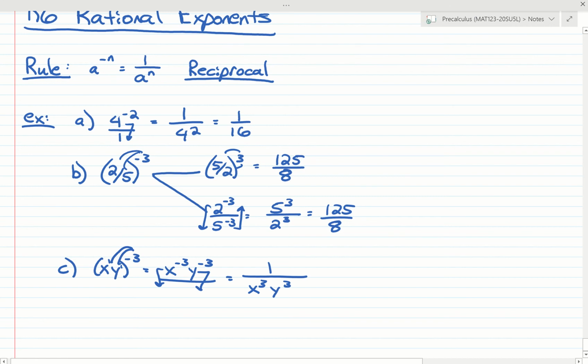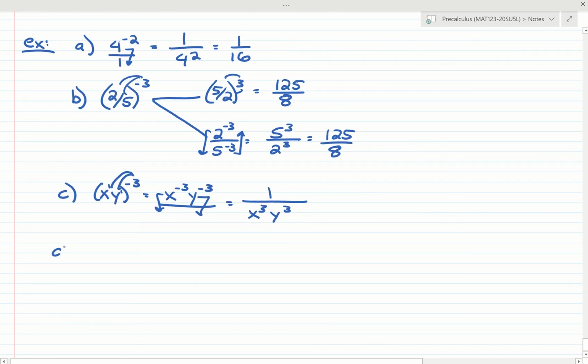We talked about that just being a 1. What if the problem was just xy to the negative third? Well, how is this different from the last problem? Obviously the parentheses, right? It's really x to the first. So the problem is the negative y. That's going to go to the bottom. The x stays where it is. And that would be the answer.